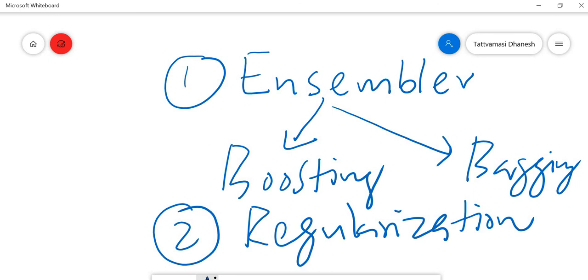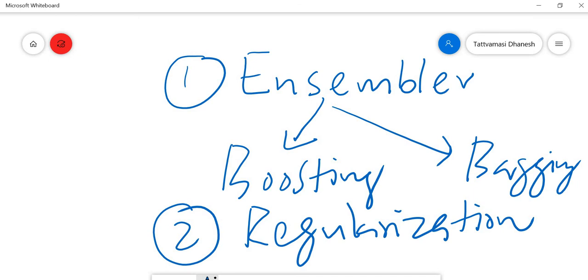Regularization is a mathematical approach that we usually use in statistics as well. In regularization, we introduce some constants and some functions, and it's a mathematical approach. We will be coming up with new videos for regularization as well.